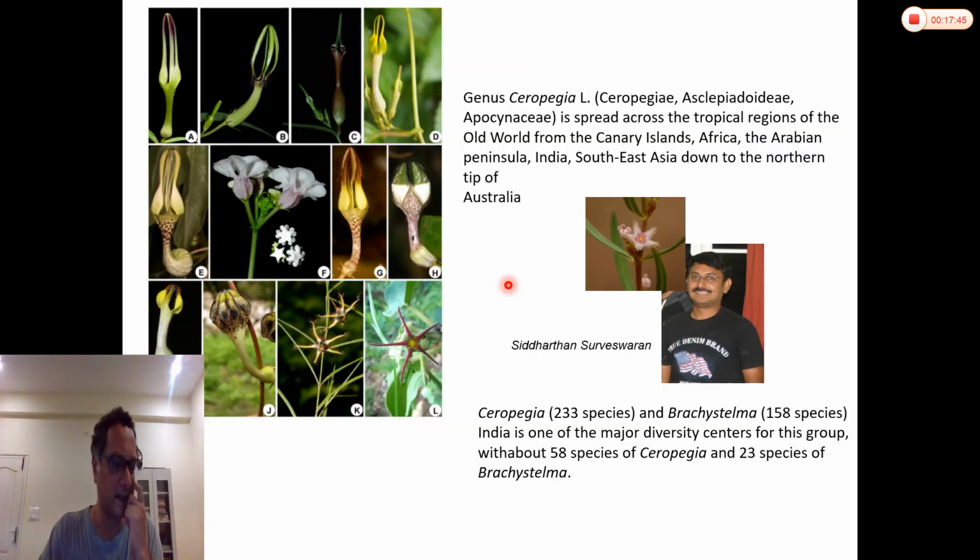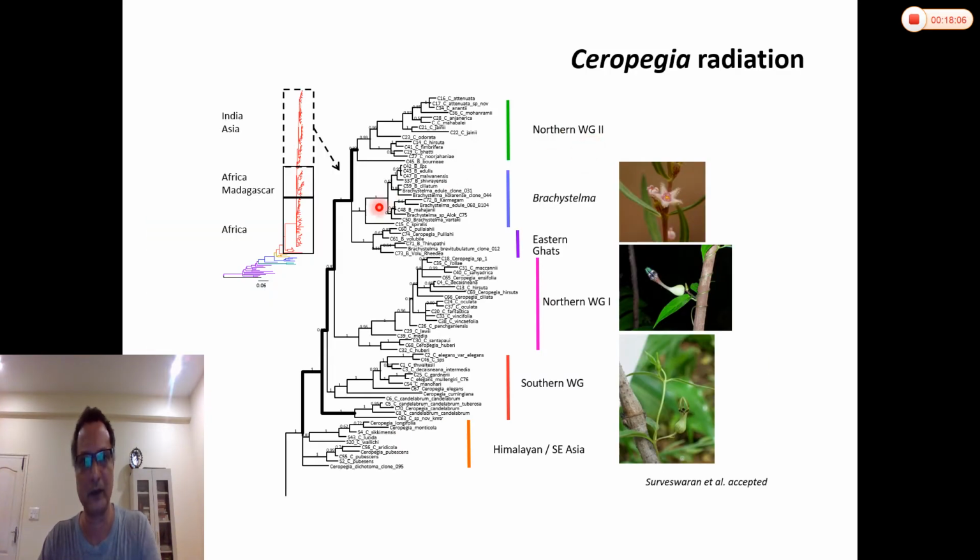Now, what about plants? Siddharth, who was a postdoc in my lab, did some work on this genus called Ceropegia. And Ceropegia is found in Africa and in Asia. So we knew that it's a dispersal from Africa into Asia earlier, and of course the phylogeny confirmed it. But what was interesting was indeed there was a radiation in India consisting of about 50 species, right?